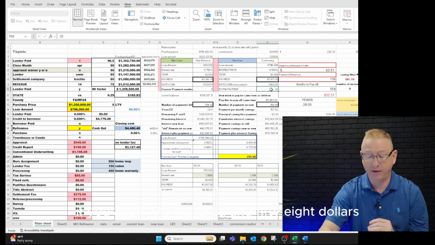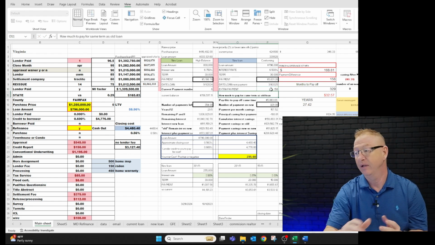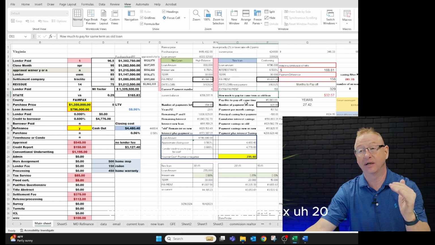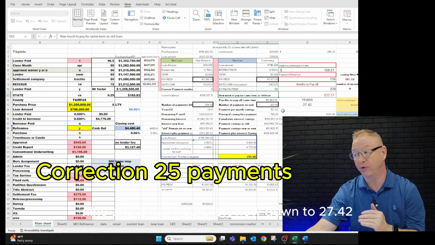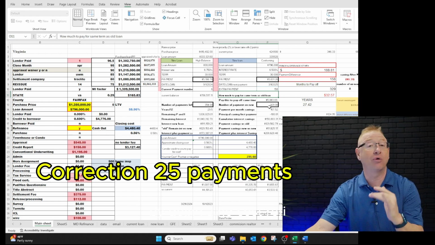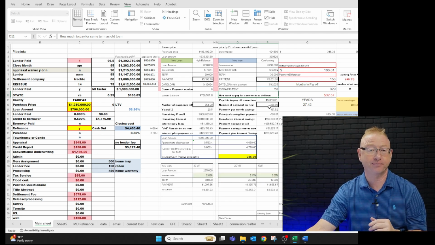If you apply the $158, you now went from having 29 and a half years left, now down to 27.42. You saved essentially 15 payments by doing a no-cost refi 6 months after you did your purchase.